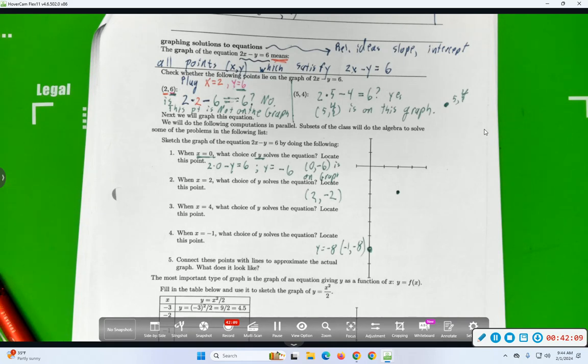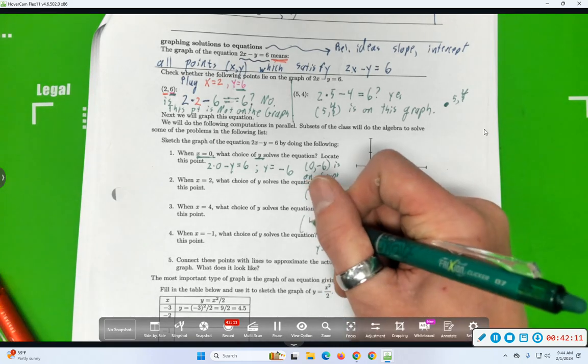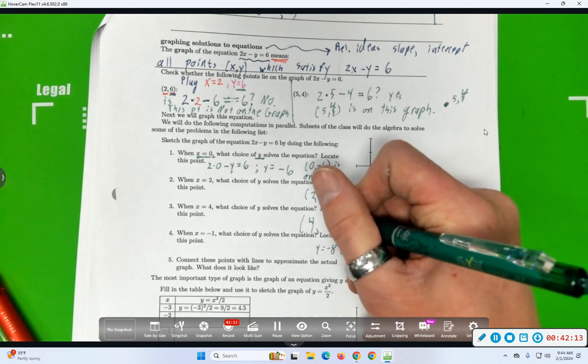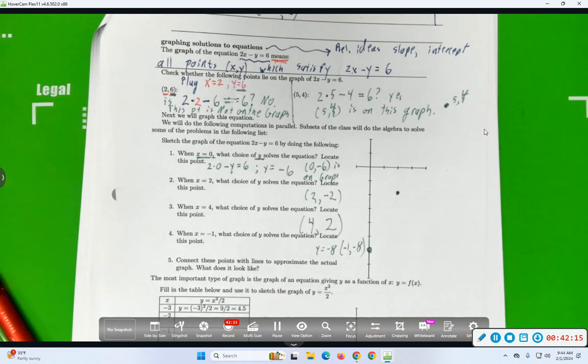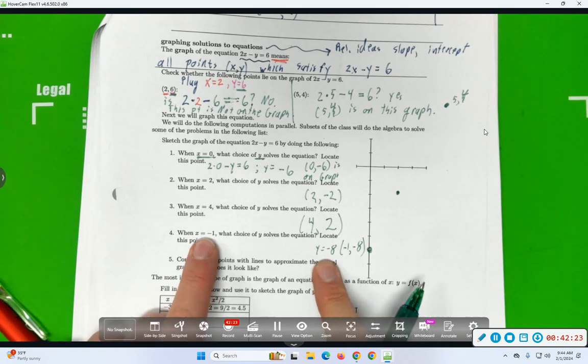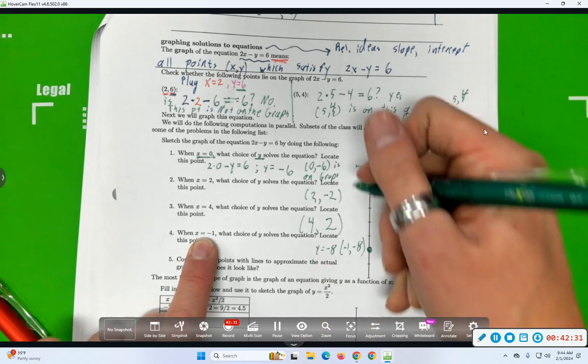Before 2, I guess? I hear a call for x equals 4, y equals 2. Does that agree? I didn't do the walk, so I don't know. Nice. And I assert that when x equals negative 1, I think I get a y value of negative 8. People buy it? All right, you even agree.